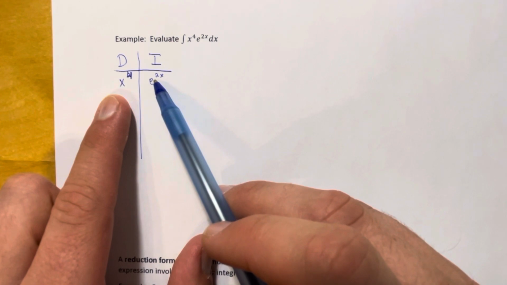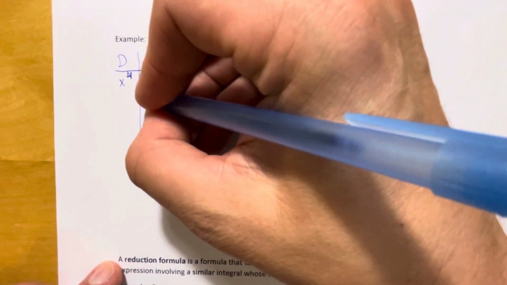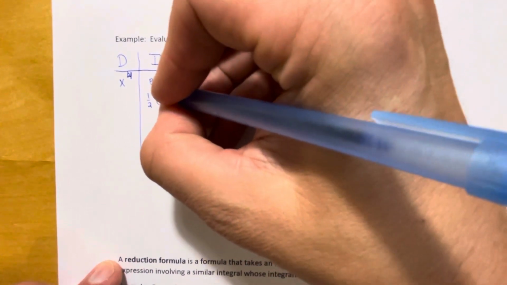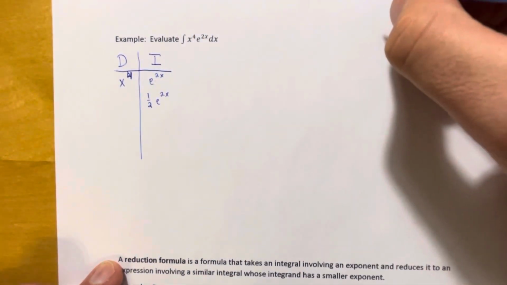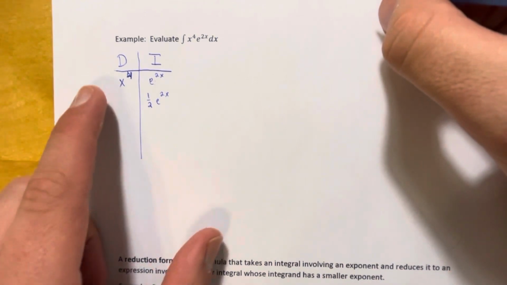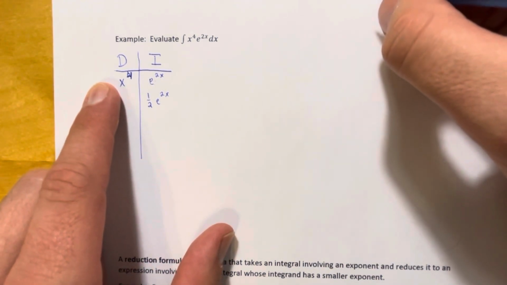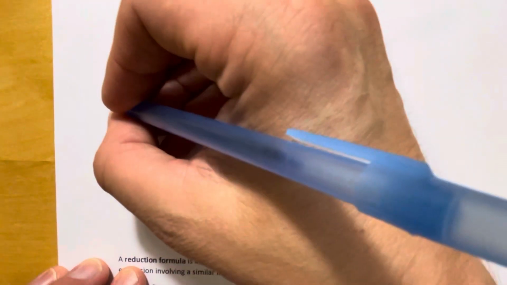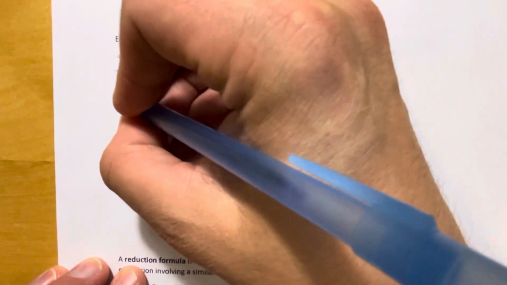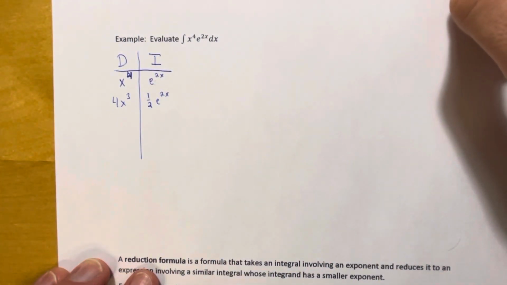Well, this was dv. So my v is the antiderivative of this, which is 1/2 e to the 2x, okay? Now, if this is my u, what would du have been? I have to take a derivative here, 4x cubed, okay?